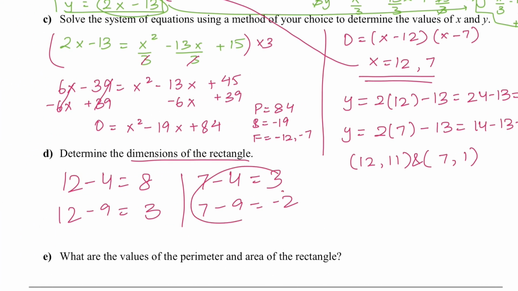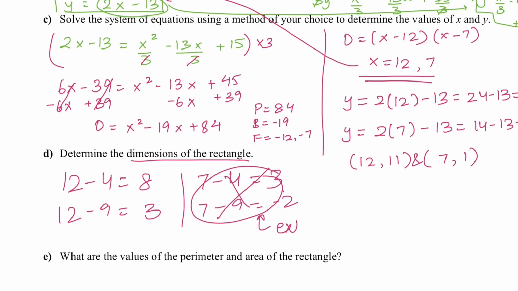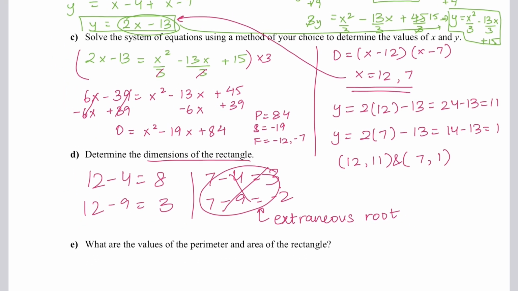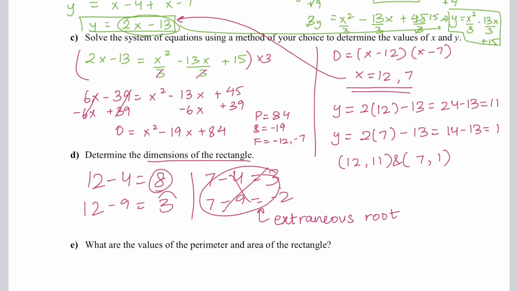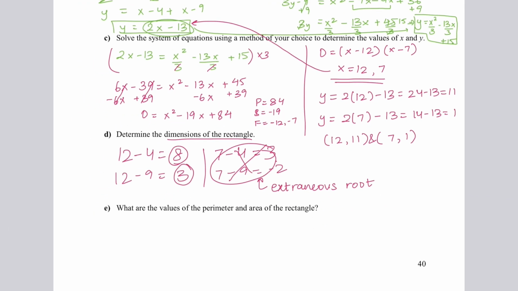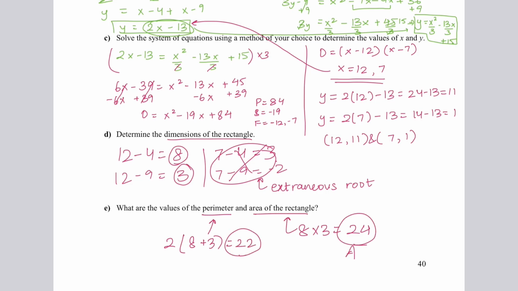So this will be your extraneous solution. So your dimensions will be 8 and 3, okay? What are the values of perimeter and area? Area is 8 times 3, which is 24. And perimeter is going to be 2 times 8 plus 3, which is 22. Good. And that's my answer. Area and perimeter.